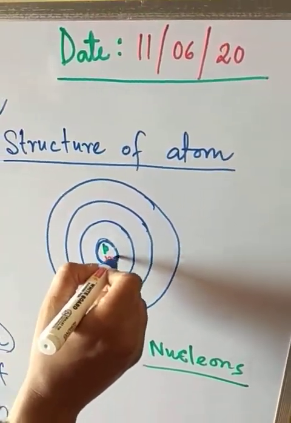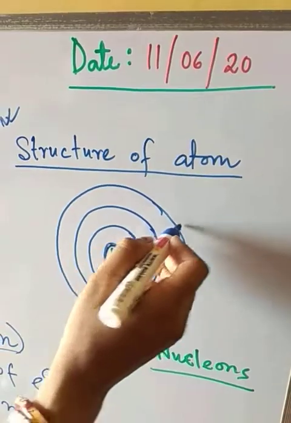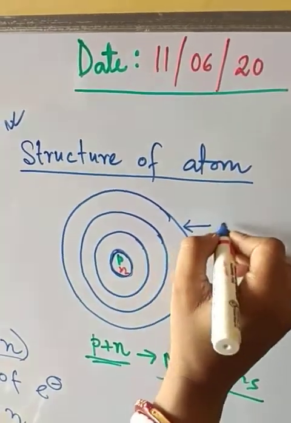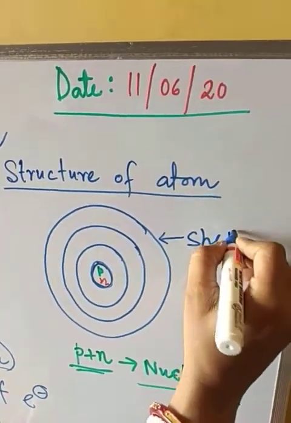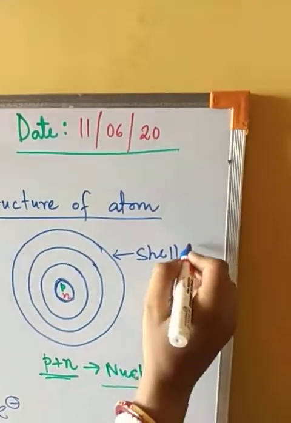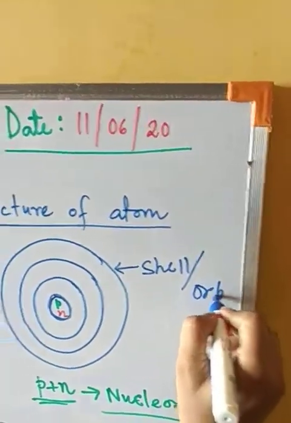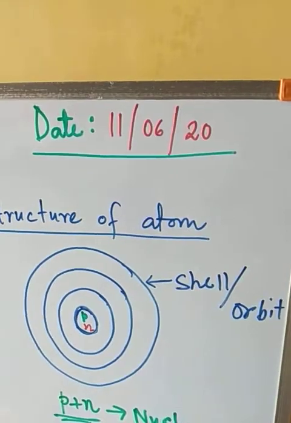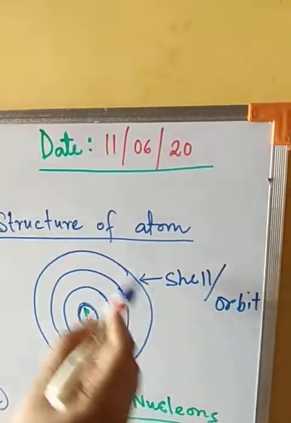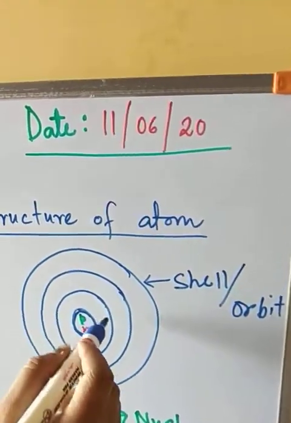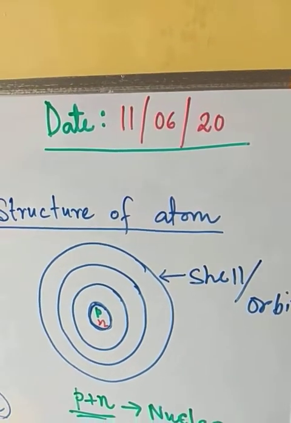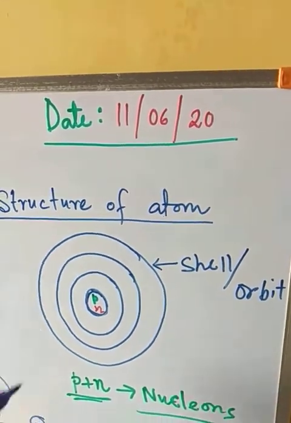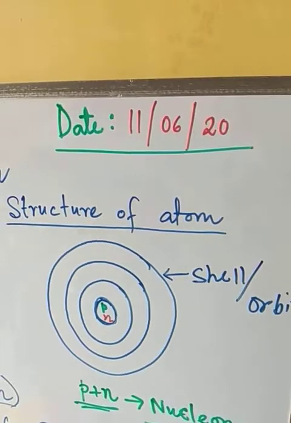This is the nucleus at the center, and these are the shells. These circular paths are called shells or orbits. In the shells or orbits, electrons are revolving, and at the center the nucleus is there. So this is the main structure of an atom.